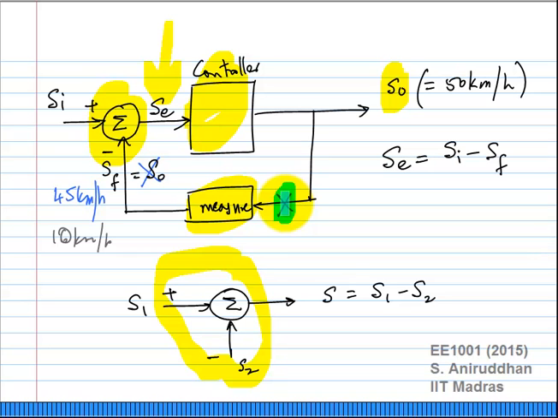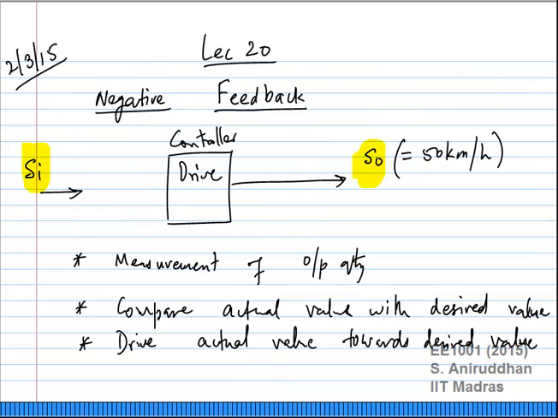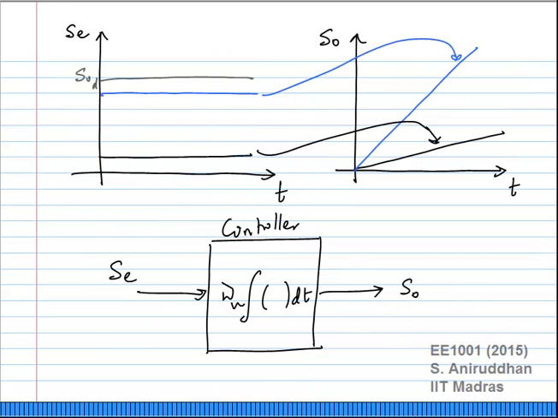Even though the output is changing, the measuring instrument is broken. What will happen? You are traveling at some input speed, and your feedback speed is stuck to some specific value. Depending on what this difference is, you are going to accelerate faster or slower. And I think that is what I drew here.